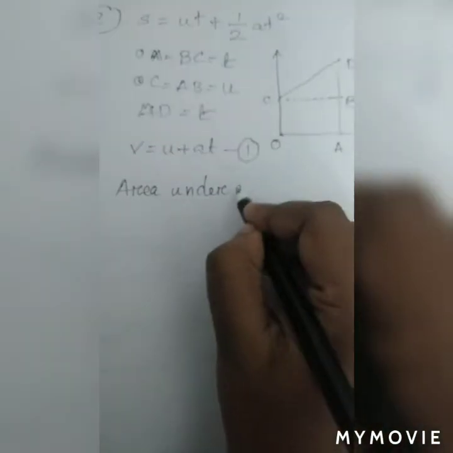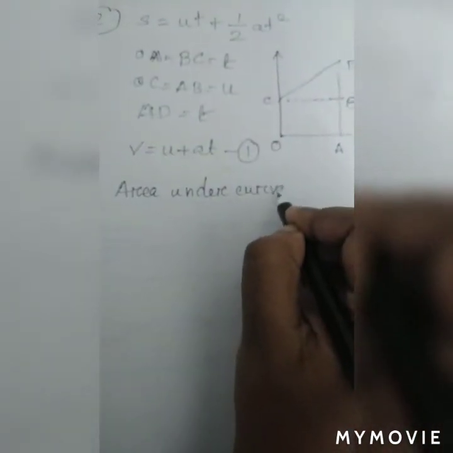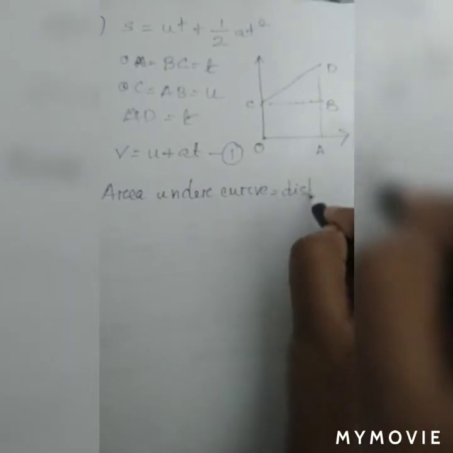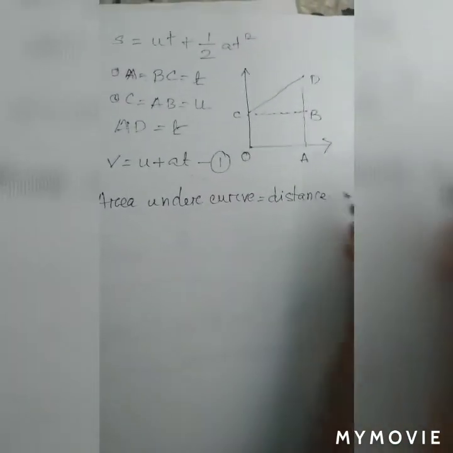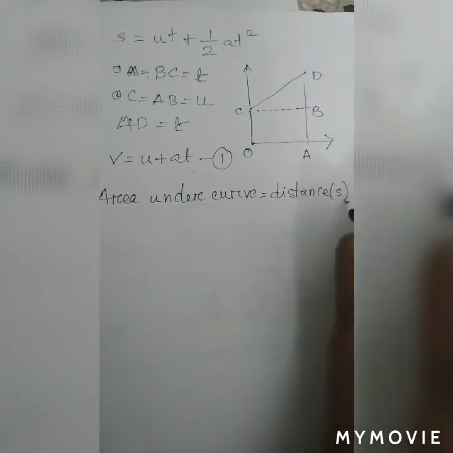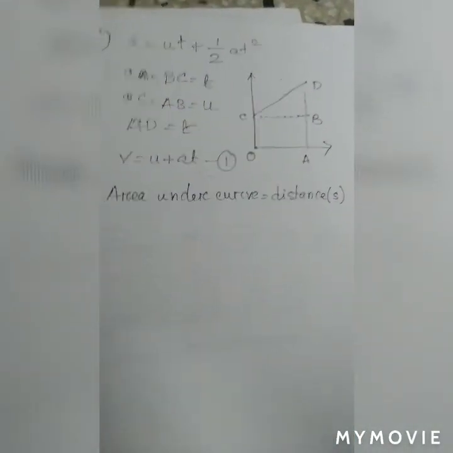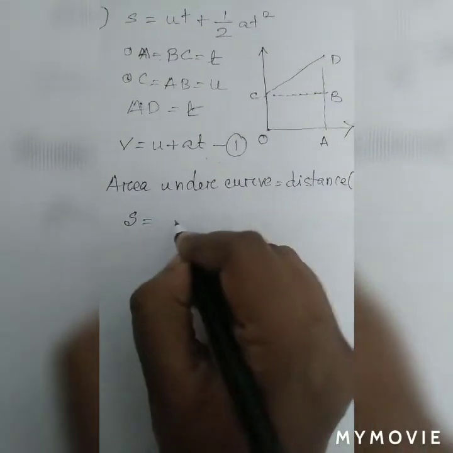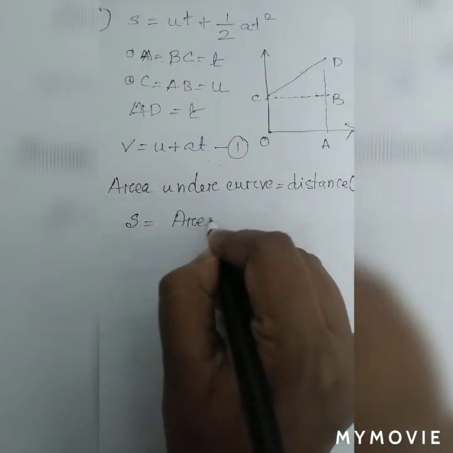The area under the curve is given by displacement or distance, which is S. So S is equal to the area under the curve.